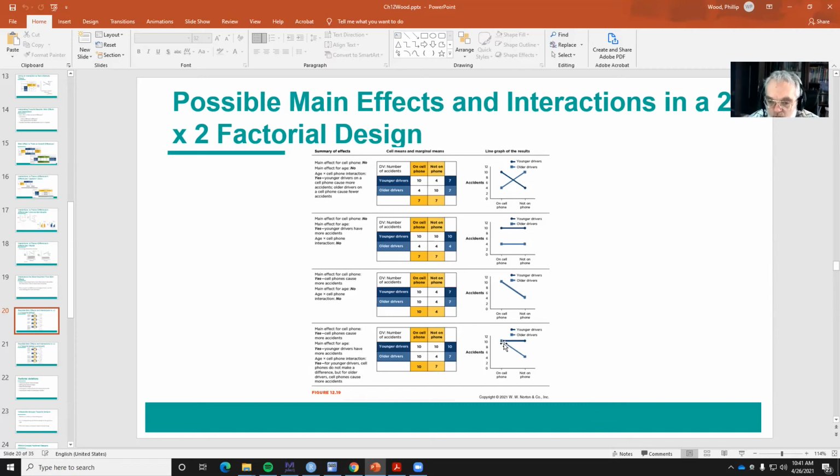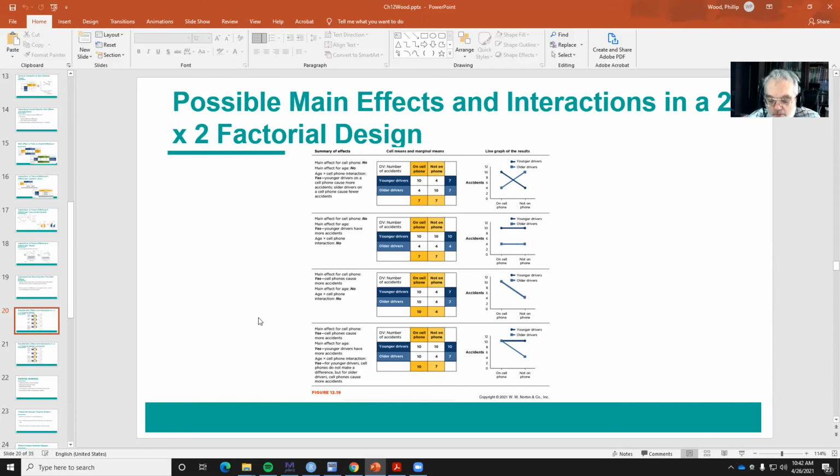These two dots lay on top of each other. If I squeeze these two dots over on the right together, I'm going to get a main effect there. But the important thing I need to talk about is that the difference in whether you are on the cell phone or not on the cell phone is really quite different depending on whether you're a younger or an older driver.